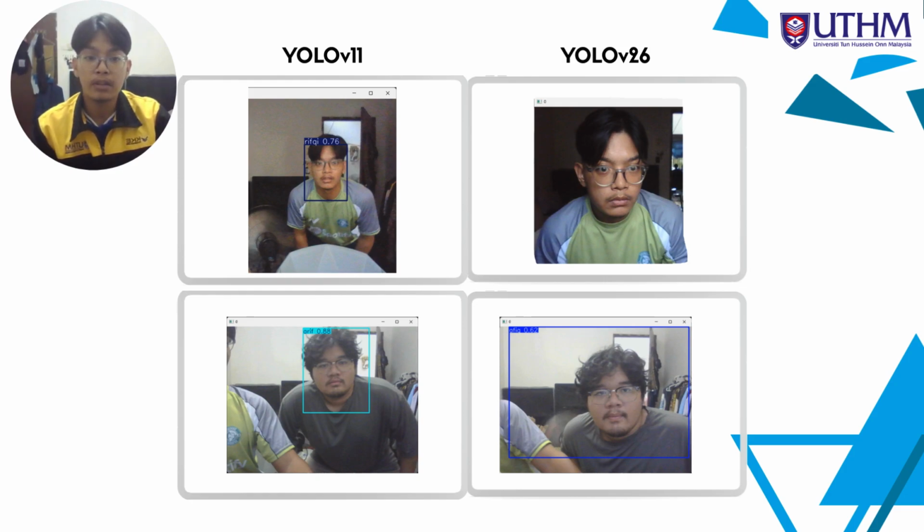Instead of recognizing Arif, it misclassified his face entirely, assigning a wrong label of Afiq with a confidence of 0.62. So this visual evidence clearly showcases that YOLO V11 maintains superior classification accuracy under real-time constraints.